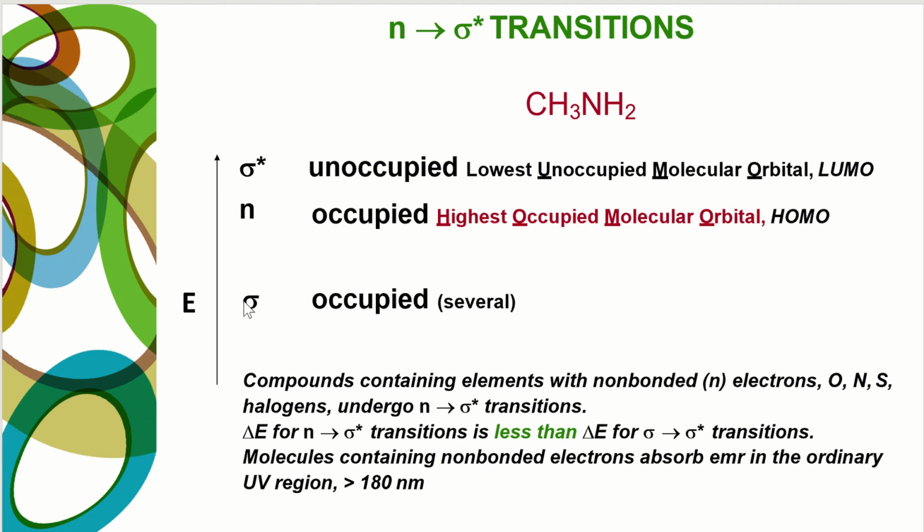It's less than the change in energy for the sigma to sigma star transition. And molecules containing non-bonding electrons absorb EMR in the ordinary UV region, that is greater than 180 nanometers. So again, we just need to have a general idea of these numbers.